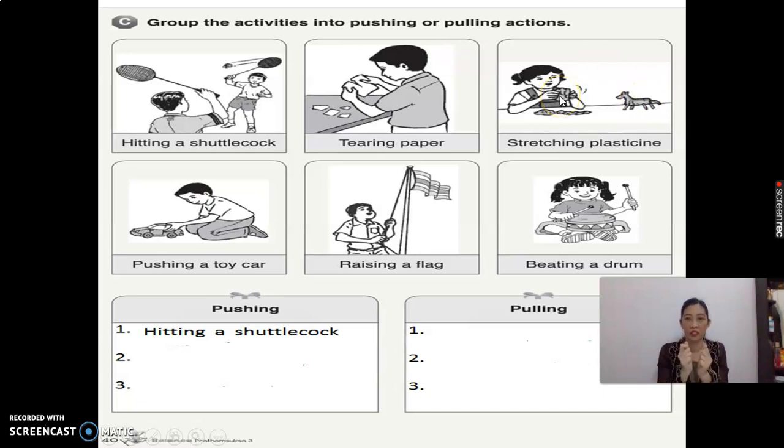Number 3 is stretching the plasticine. Number 4 is pushing a toy car. Number 5, raising a flag. And number 6 is beating a drum. So, where is the pushing? Where is the pulling activity?